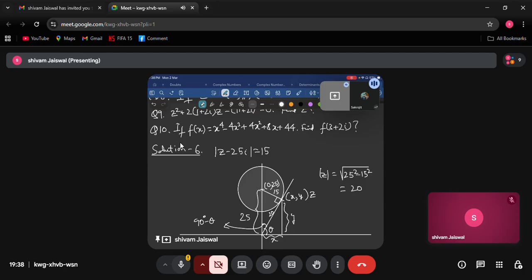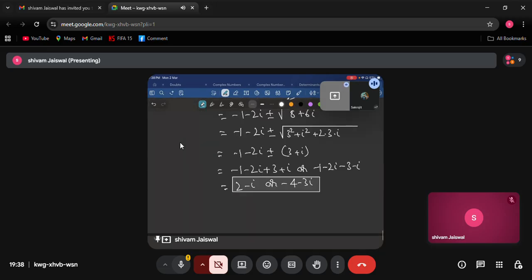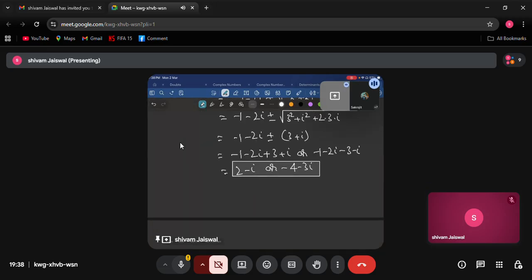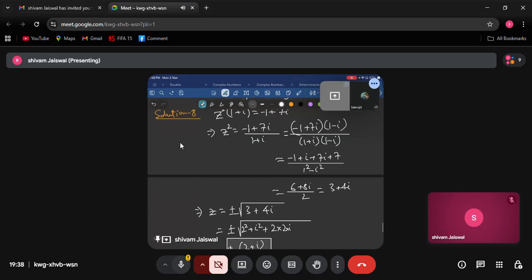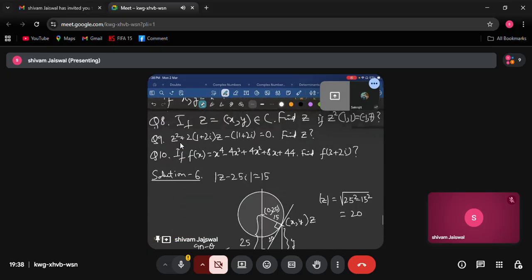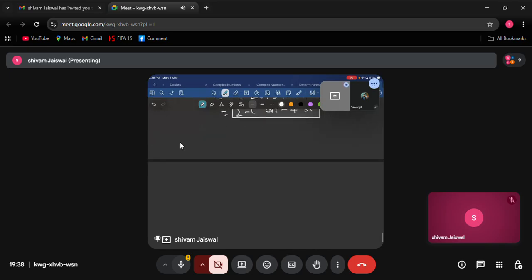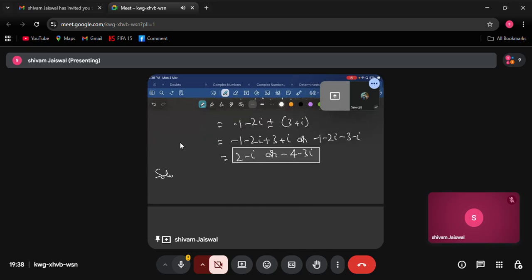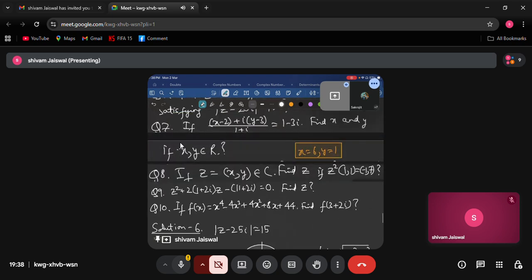Okay. So everyone see? Over here, we need to substitute 3 plus 2 iota. So what you do is, you find a quadratic whose one of the roots is 3 plus 2 iota. Okay, everyone pay attention.